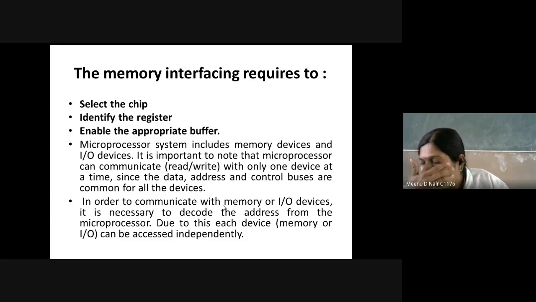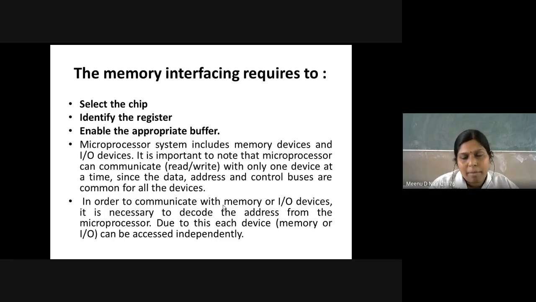So the main thing given here is that the microprocessor can communicate with only one device at a time, either memory or one input-output device. So it has to decode the address of the peripheral device or memory, and the microprocessor communicates only with the corresponding address.